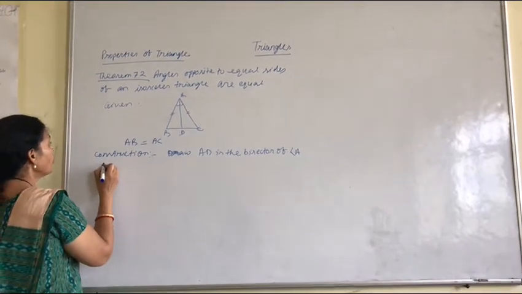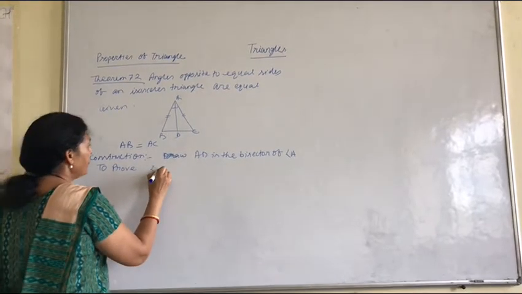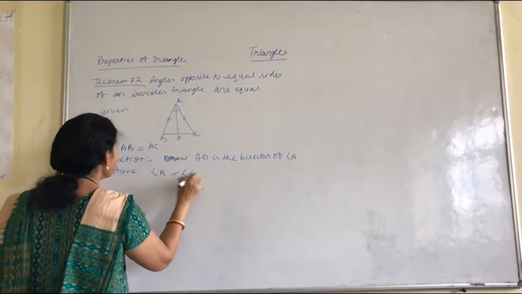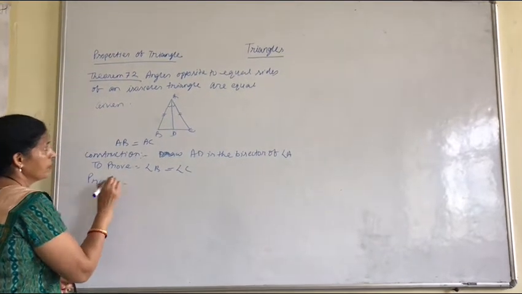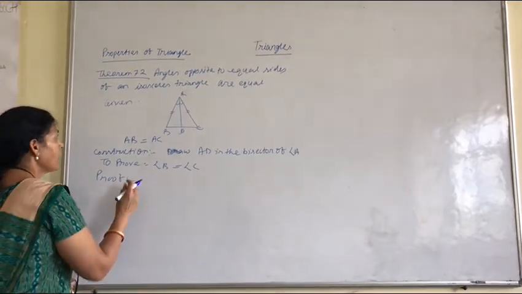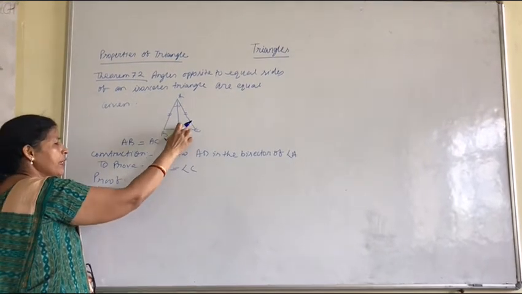Okay, then what to prove? Angle B is equal to angle C. In this triangle, you have to prove angle B is equal to angle C.